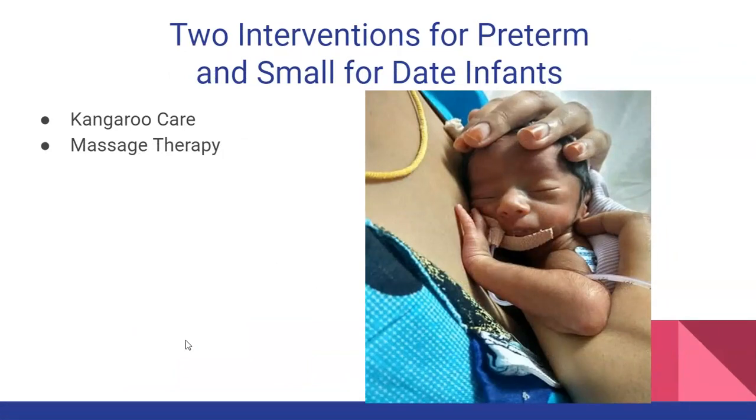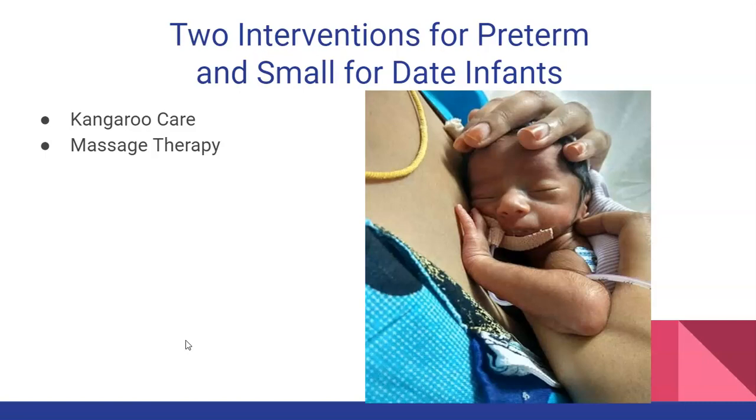There are interventions that help preterm and small for date infants. When we talk about small for date infants, that means that they may be born full term, but you need to be around 6 pounds in order to have a healthy birth weight.